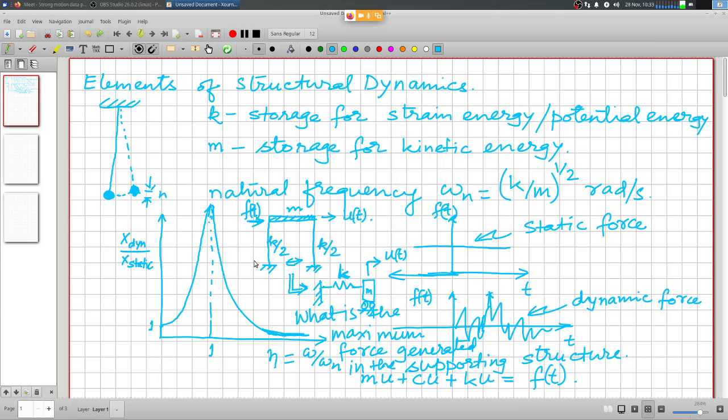Now this force, if I look at it, the force in the spring is actually K times displacement, and this is set off by the ground motion, because in case of earthquake motion, it is the ground motion which is applied.